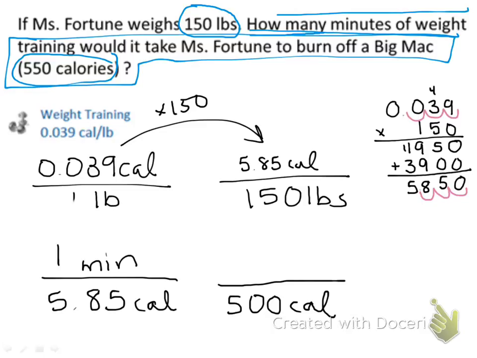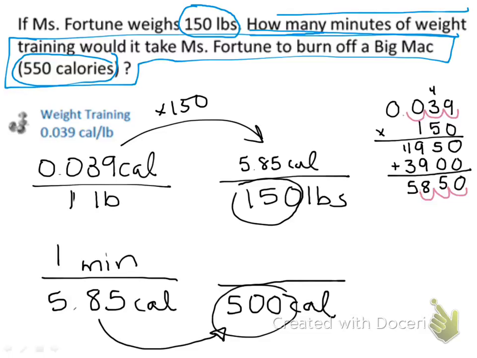Now I need to go from 5 and 85 calories to 500 calories, and this is the challenging part. In previous rates, we multiplied 1 times 150 to make it 150. Well, here we have to figure out what times 5 and 85 hundredths would take us to 500.